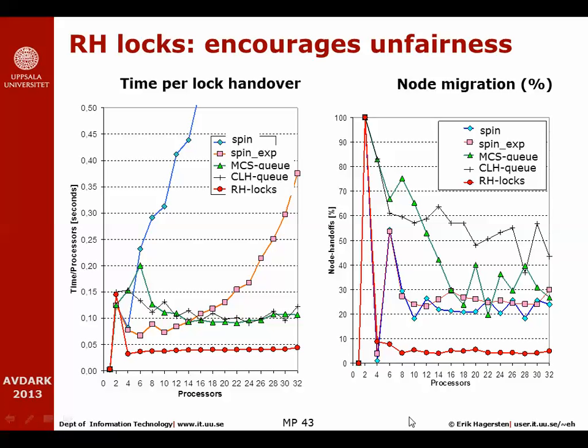So he was shooting for this number, 5%. And the other locks, the Q-based locks, should go towards 50%. I have a very poor explanation why they're not going towards 50%. These are two nodes, two multi-cores, and of course the likelihood that you go to the other node should be very, very close to 50%.